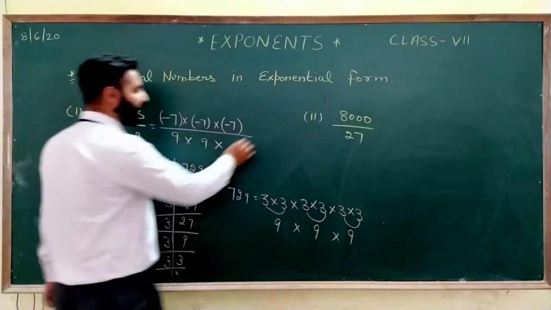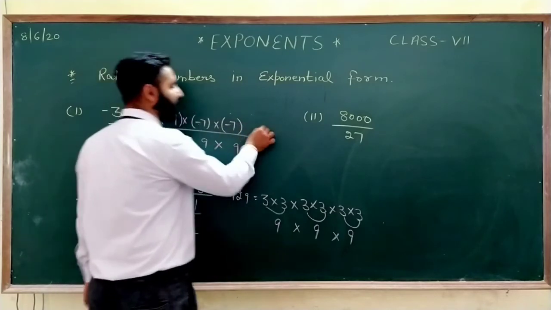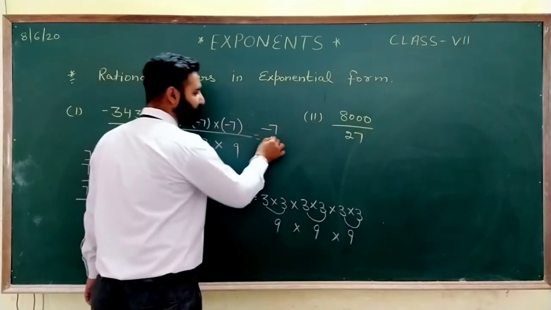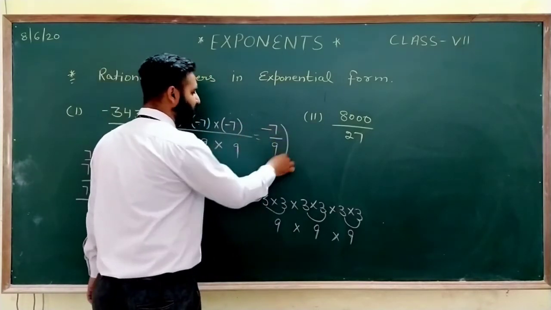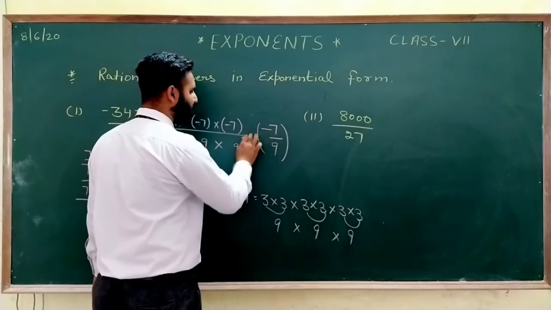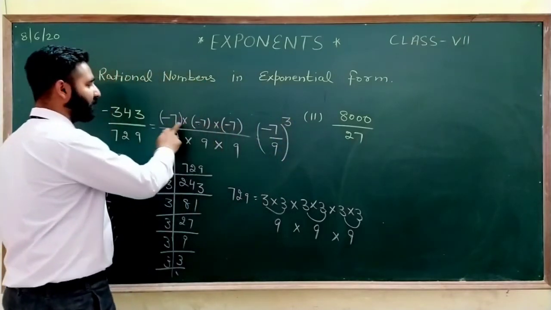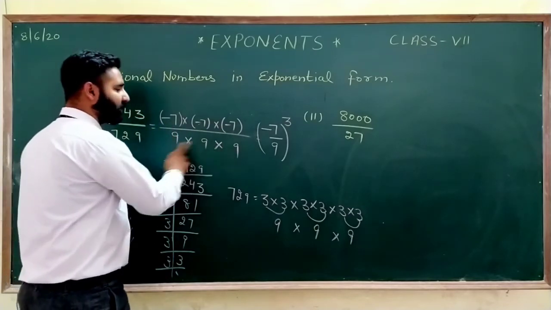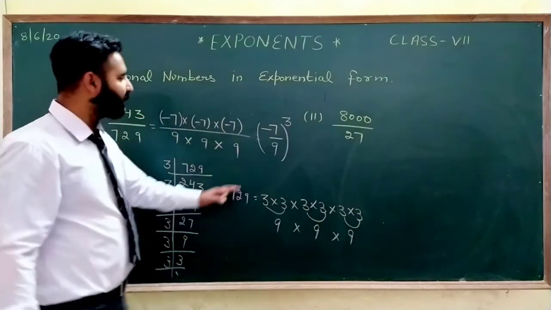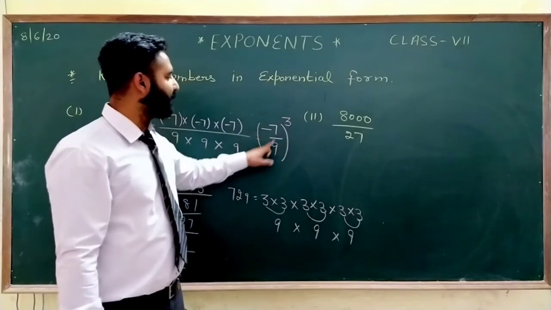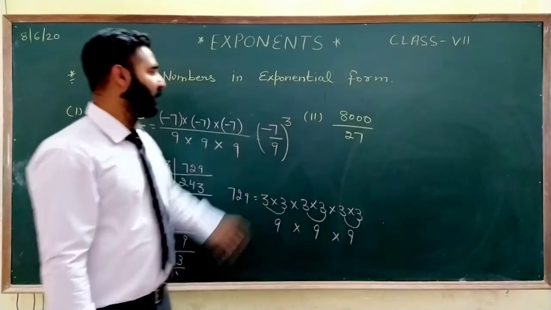Fine. So the benefit of this is I can simply write it as minus 7 upon 9 whole raised to power 3, because 3 factors of minus 7 and 3 factors of 9 are multiplied.